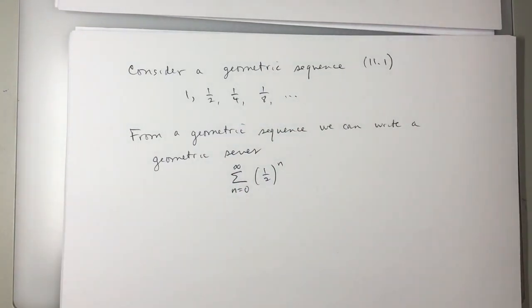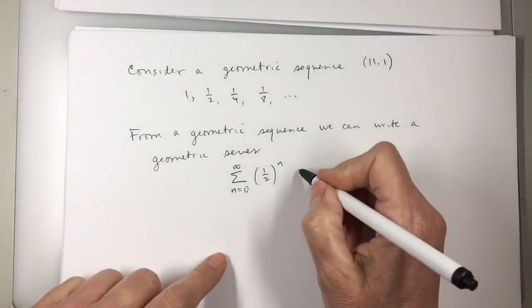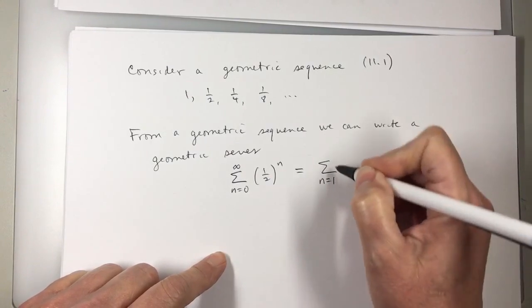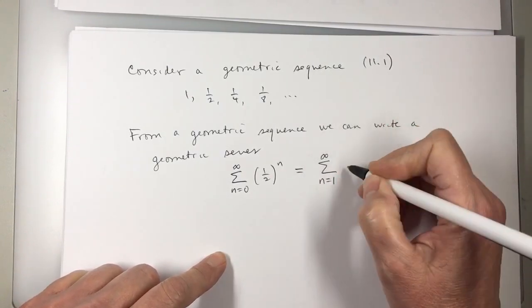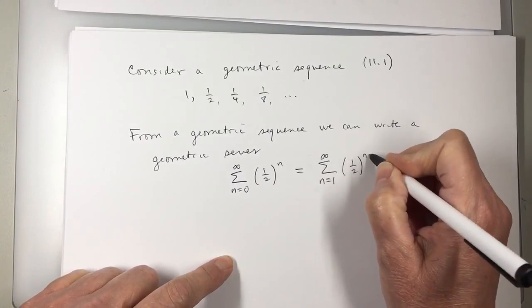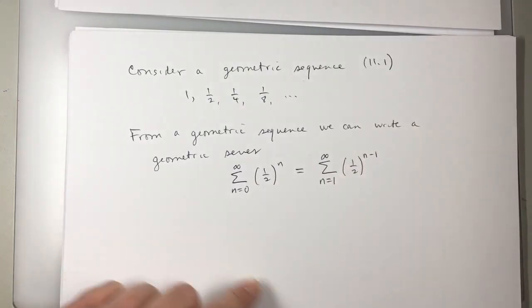What if I started n at 1 for this problem? If I start n at 1, n goes from 1 to infinity, then I have to adjust that little exponent. It would be n minus 1. And they're both geometric series.